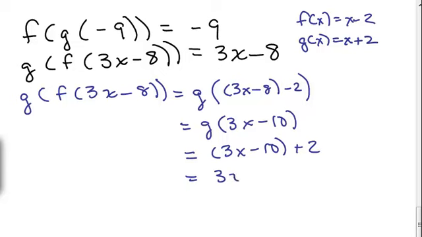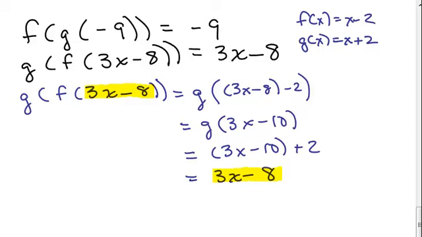So that gives me 3x minus 8. So, it did work out. I plugged in 3x minus 8. We did one function, then we did the inverse function, and out plops the 3x minus 8. That will happen no matter what you put in when you're working with inverse functions.